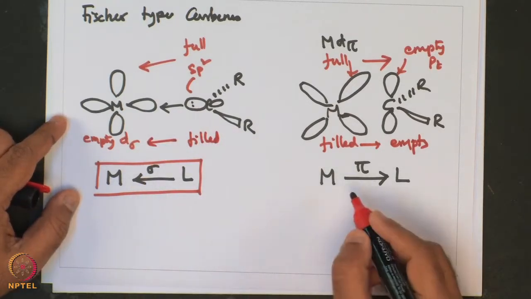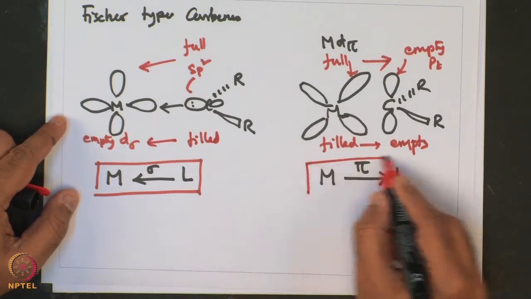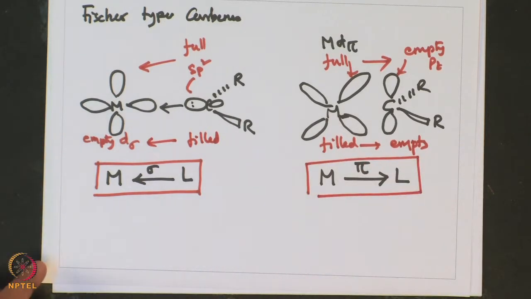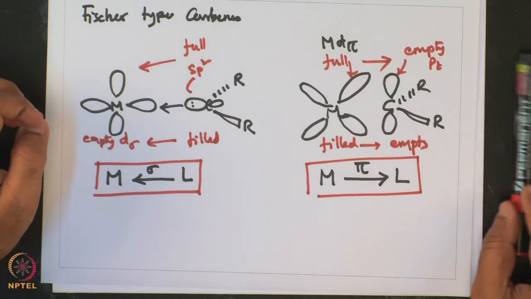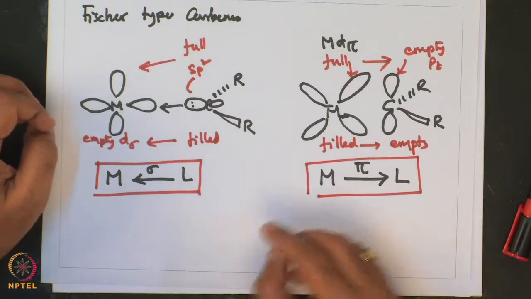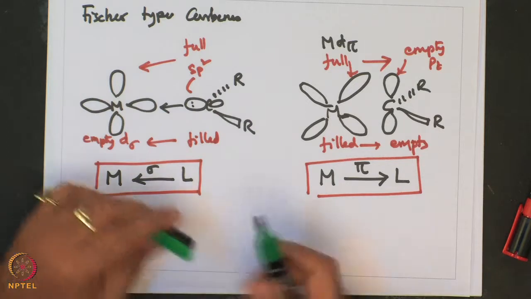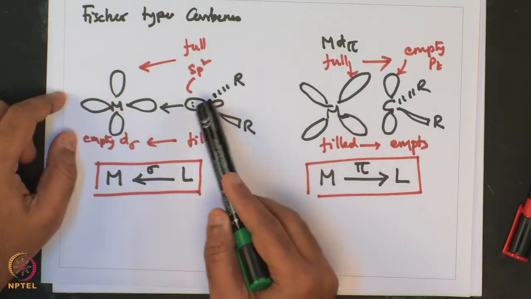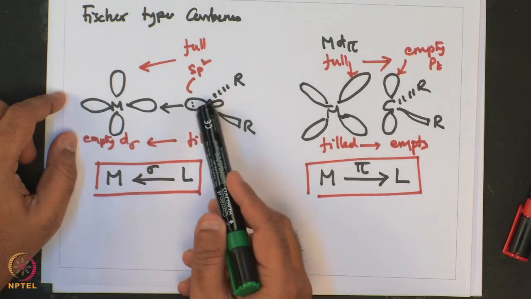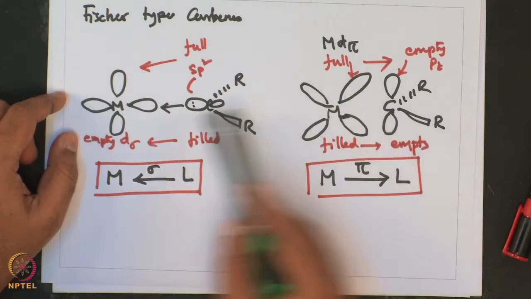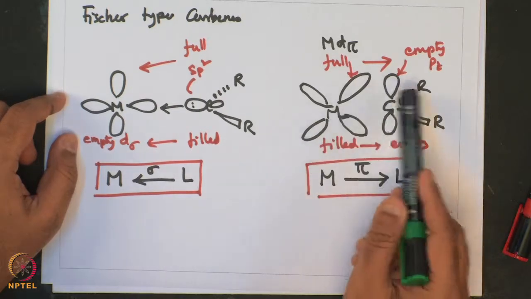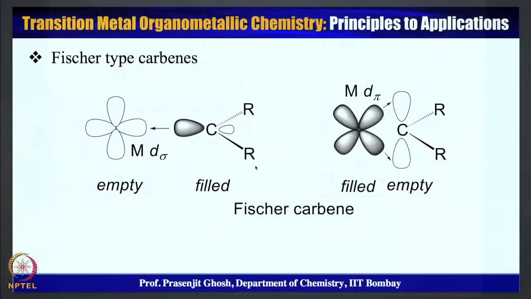So, this is metal to ligand pi interaction. Both of these interactions are of dative type, with the sigma type happening in the forward direction, and similarly a dative filled to empty pi type interaction happening in the reverse direction, and this is the interaction which is prevalent in Fischer type carbene complexes, those that represent singlet carbenes.